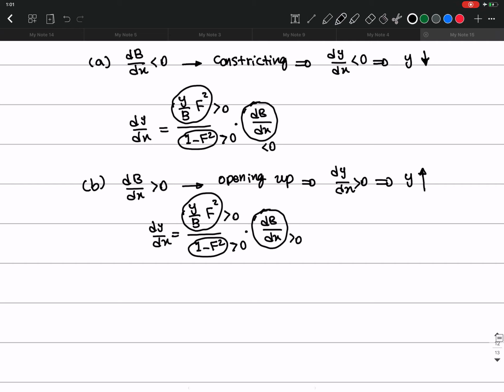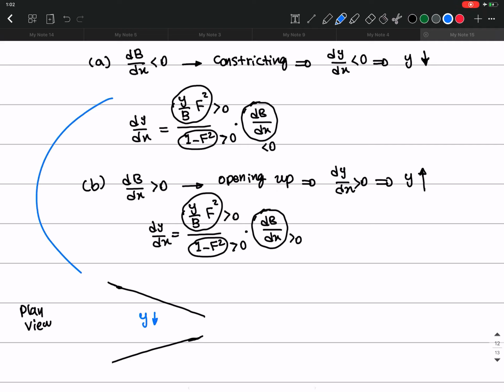So for example, when we have contracting flow, I am showing it from top view. This is the plan view. So here when we have contracting flow with a Froude number smaller than 1, a subcritical flow, y is gonna decrease, right?